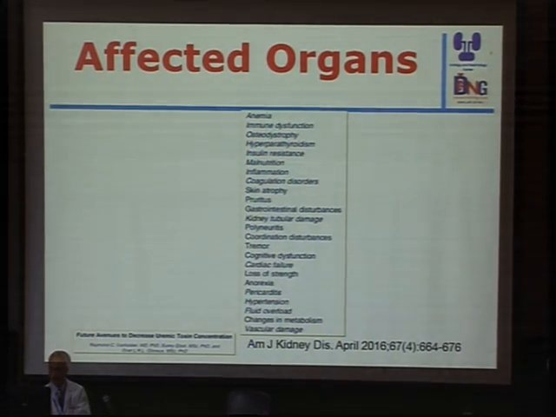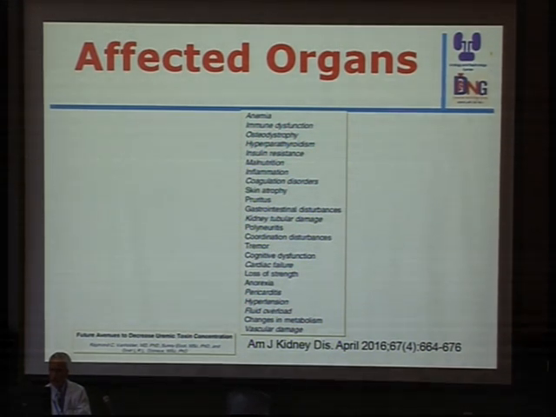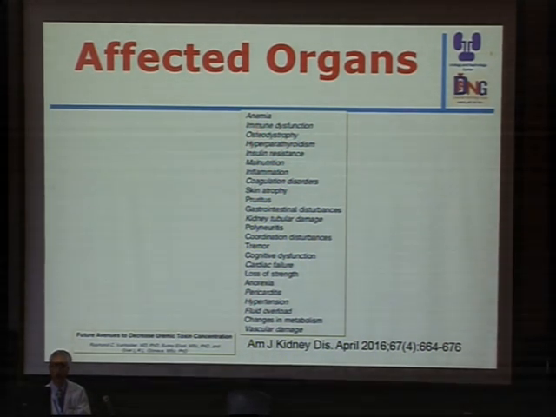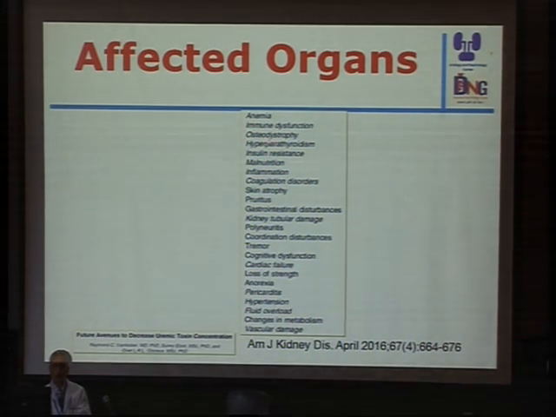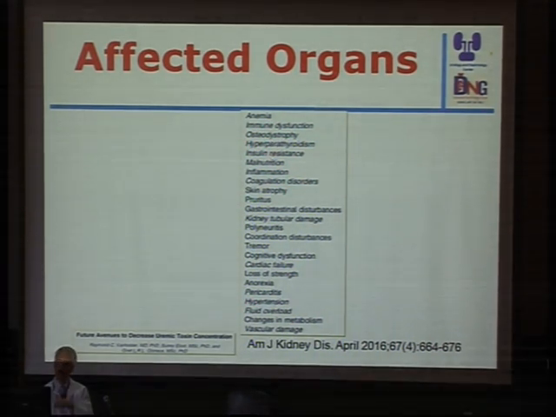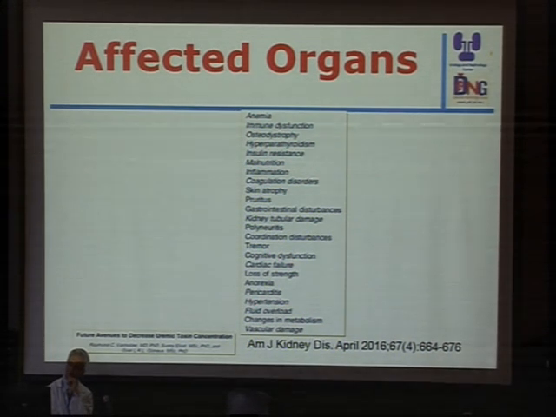Regarding the outcome, this one of the recent publications showed that uremia affects all body systems. No single body organ is exempted. So you have here the manifestation of chronic kidney disease: anemia, immune dysfunction, osteodystrophy, hyperparathyroidism, insulin resistance, malnutrition, inflammation.